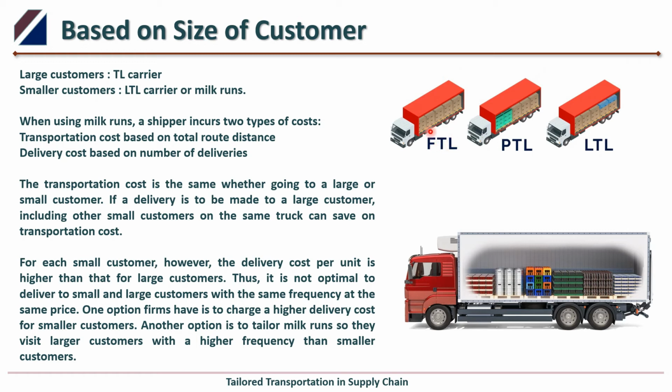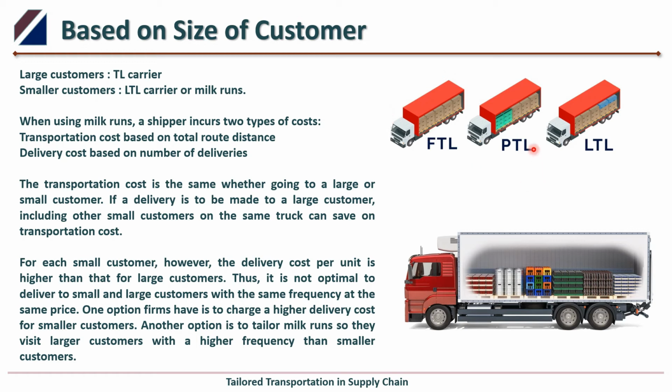It means in a complete truck, there will be the goods of one customer only. Listen to this very carefully. In full truckload, the complete truck comprises the goods and products of a single customer. This customer must be a big customer with a big order.